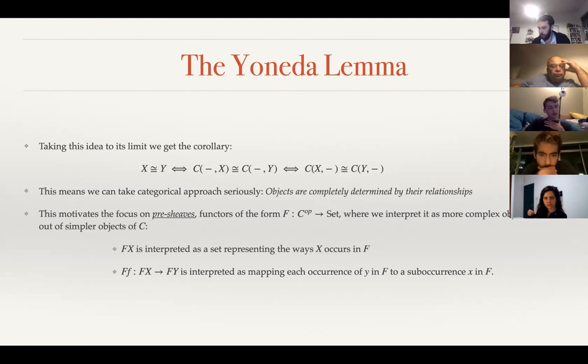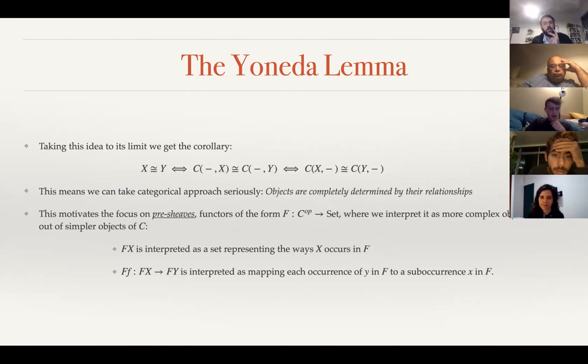So the Yoneda lemma actually motivates this focus on presheaves, which are functors of the form F from C-op to Set. The C-op basically just means we're looking at arrows that go in; it flips around the arrows.